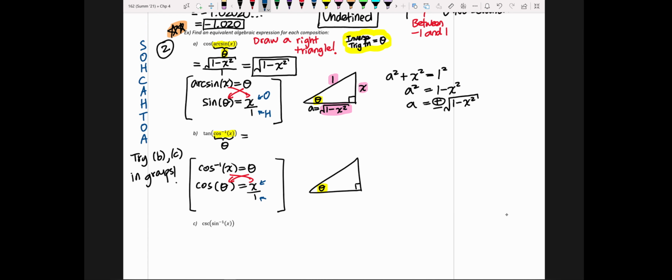Can someone in Khalid's group help chime in? Adjacent hypotenuse. Thank you. Yes. Cosine is the ratio of adjacent to hypotenuse. Good teamwork. So when we set up our right triangle, the ratio of adjacent to hypotenuse is x to 1.